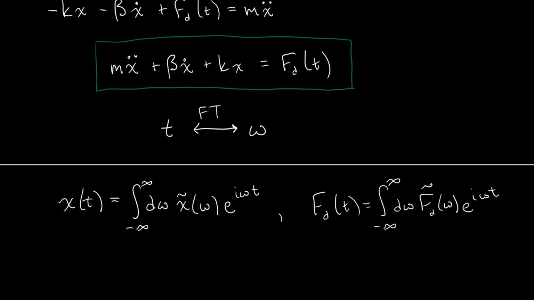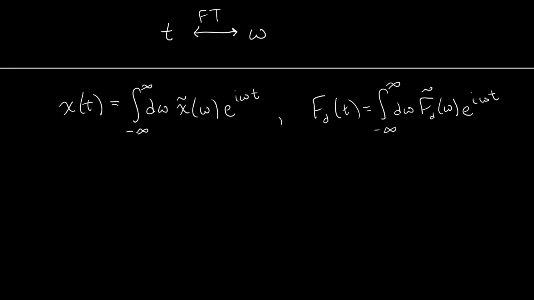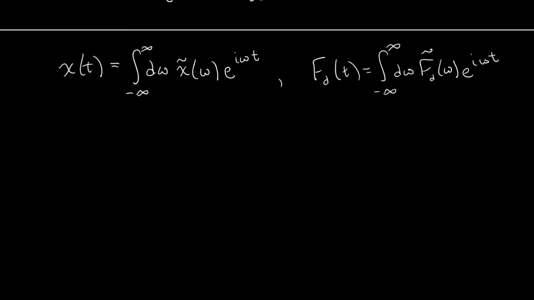Okay. Now we want to prove a very, very useful result, and that is, what is the Fourier transform of a derivative? So if I want to do a Fourier transform of x dot of t, what does that look like over on this side? Well, it's pretty straightforward.